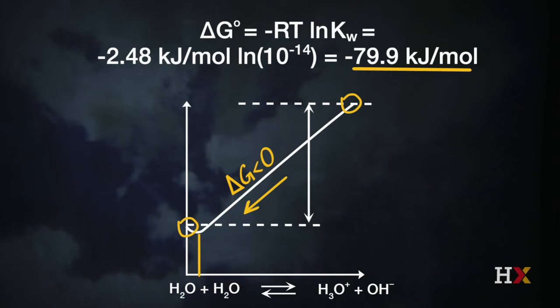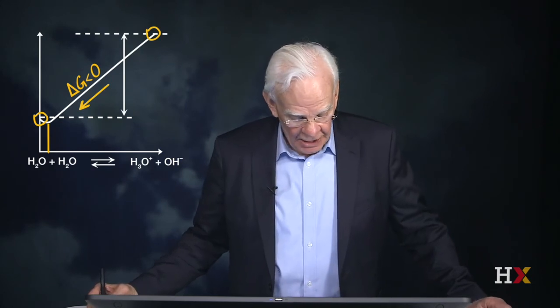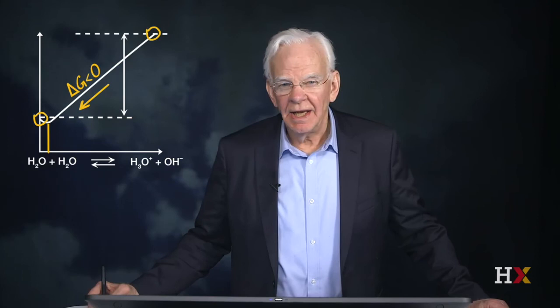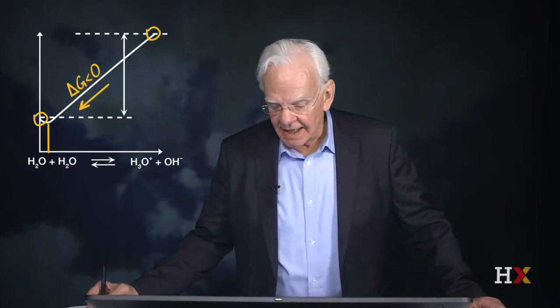But the difference between that equilibrium point and pure H2O is profoundly important, because it turns out that the equilibrium position has a huge impact on any acid-base process that we look at. And to see that, let's turn this around and look at the reverse reaction.